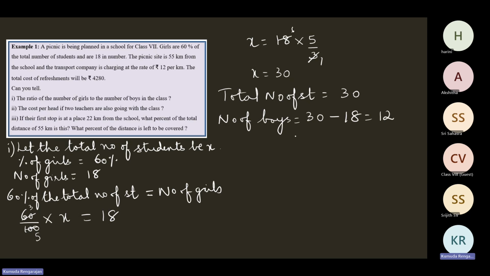We can also find the number of boys like this, or 40% of the total number of students is equal to number of boys. You can write it the other way also.